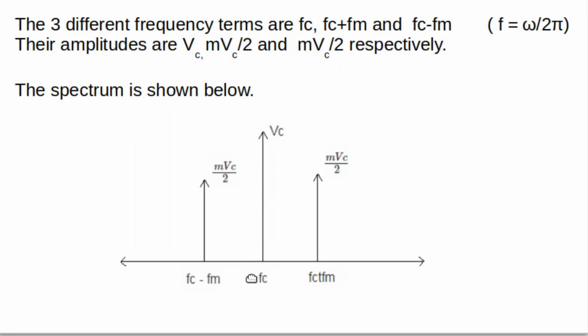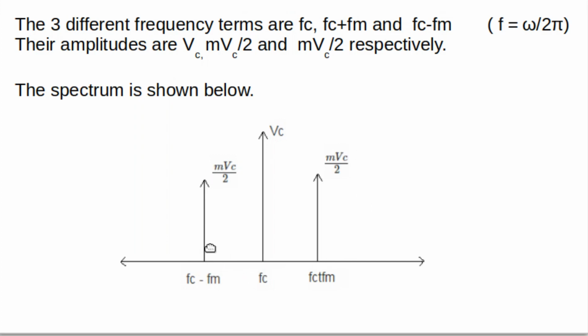Its frequency is the carrier frequency and its amplitude is Vc, shown here with this vertical line. The upper sideband term has frequency fc plus fm and amplitude mVc/2. And this LSB term, the lower sideband term, has frequency fc minus fm and amplitude mVc/2. So this is the spectrum of an AM signal.